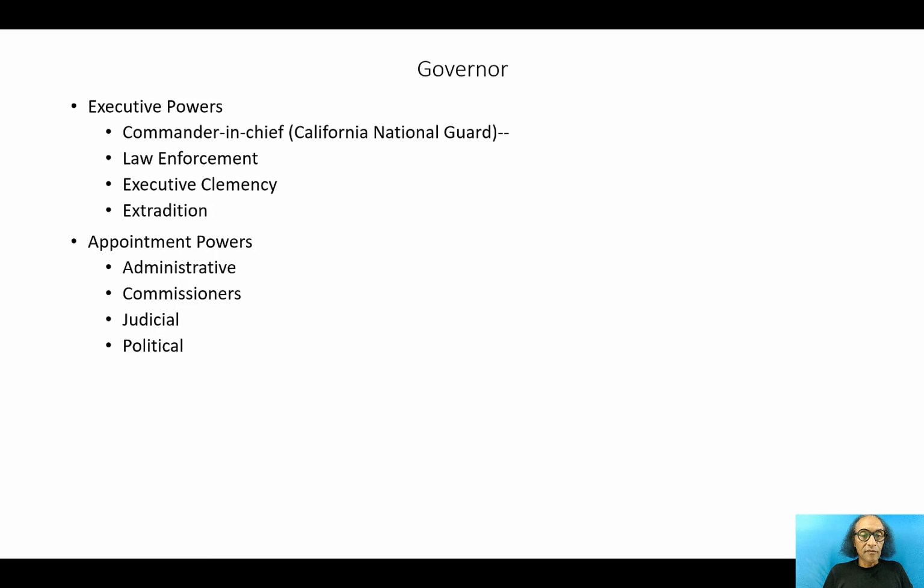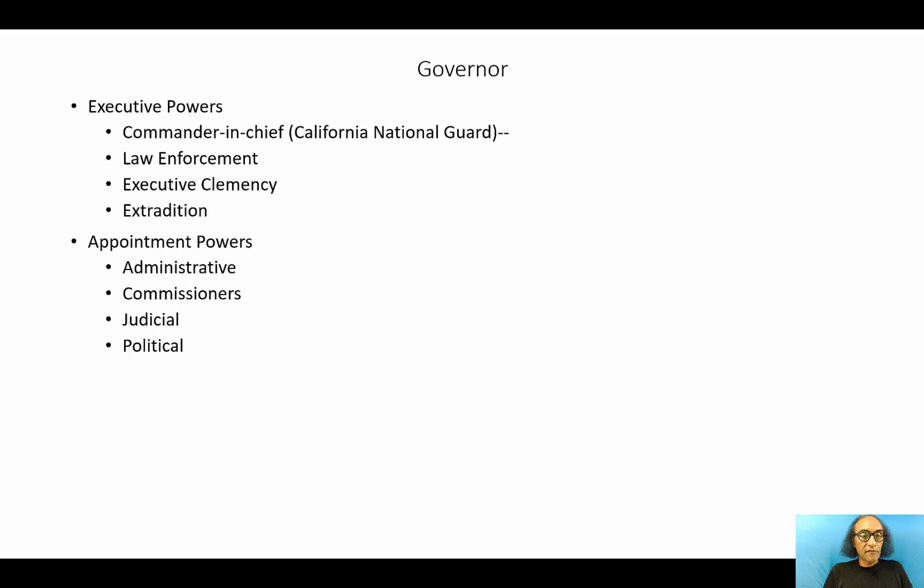Here, the governor is commander-in-chief over the California National Guard, which, of course, is also part of the armed forces of the United States. But the commander-in-chief power is delegated to the governor, and we'll see in subsequent slides how the governor exercises this particular power.